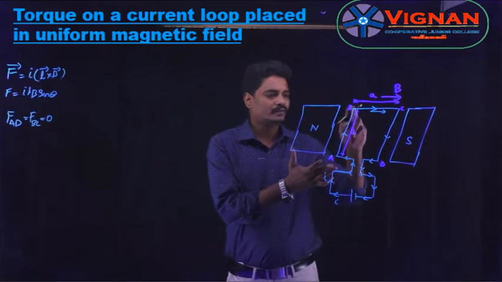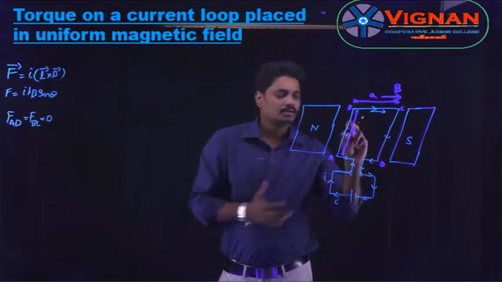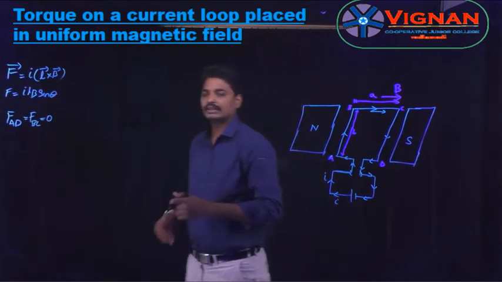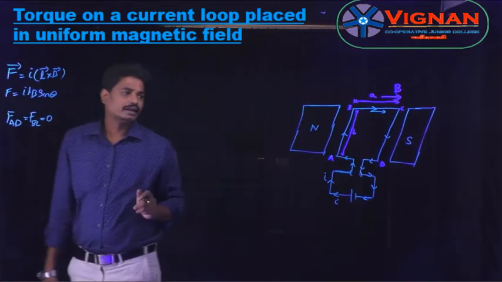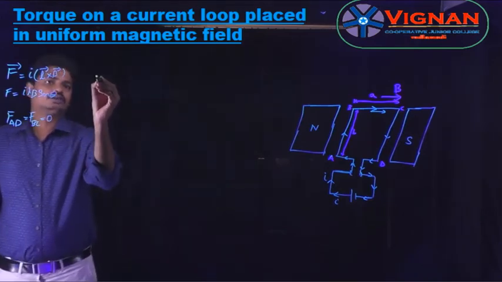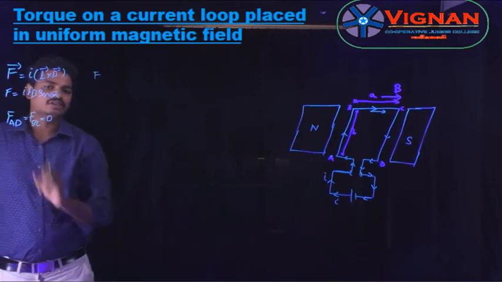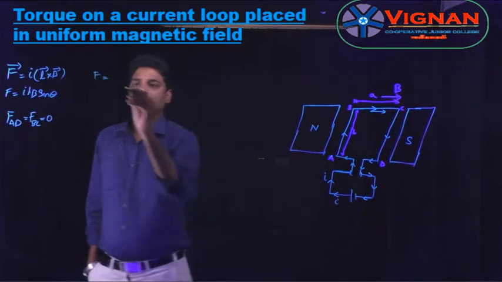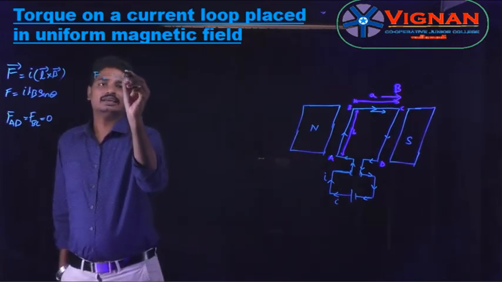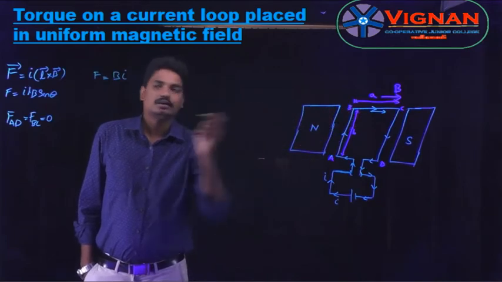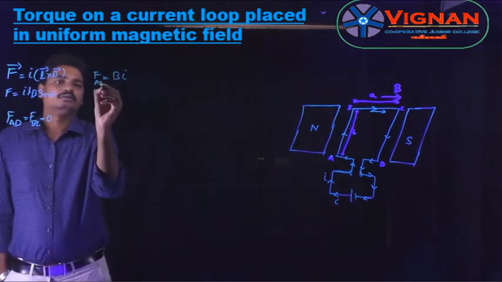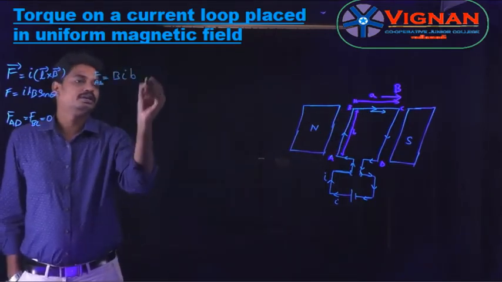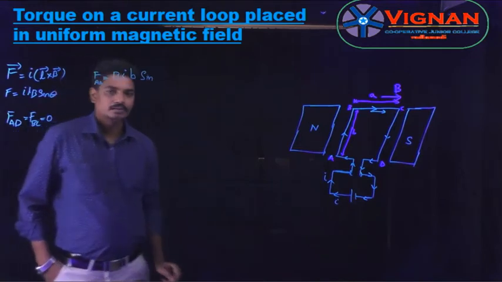Now let us calculate the force acting on the wires AB and CD. Here the length of the wires AB and CD is B. So force F, from the equation F equals B I L sin theta, where the uniform magnetic field is B, the current flowing is I, and the length of the conductor AB is B, is B I B sin theta.